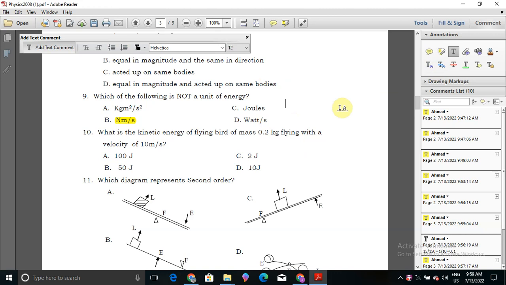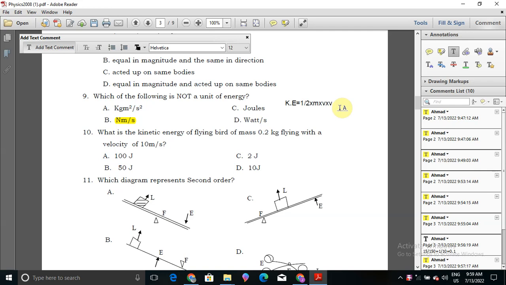is what? Kinetic energy is equal to 1/2 times m, which is mass, times velocity squared.